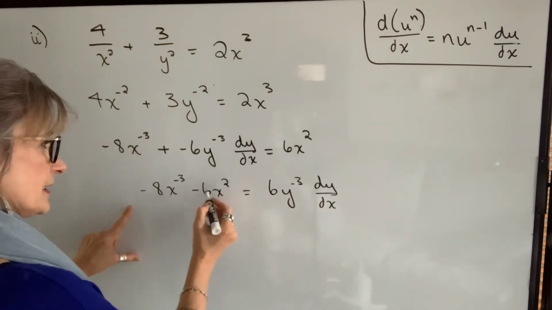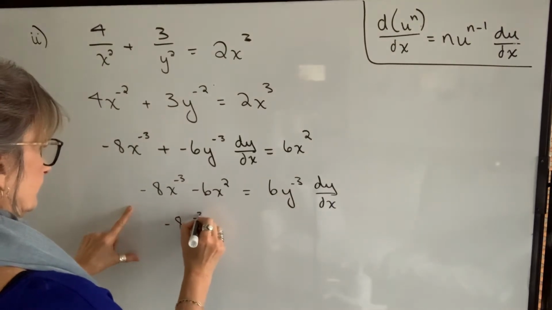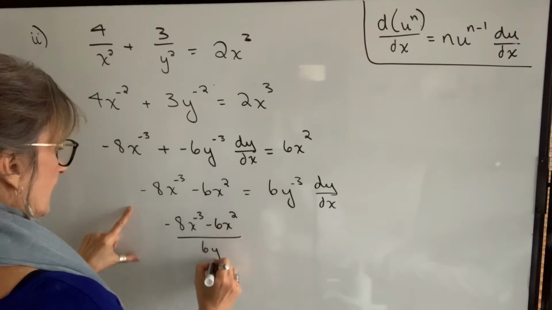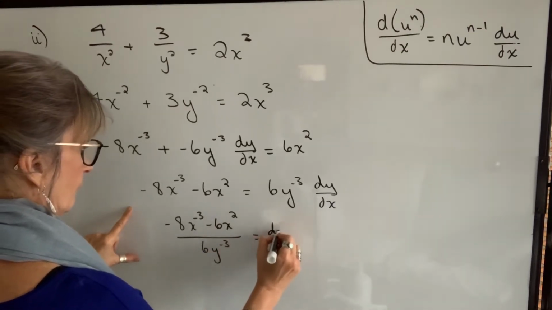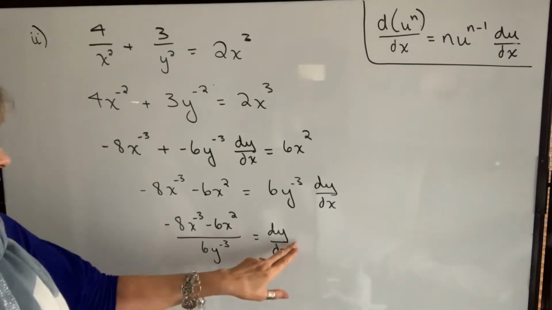Now I can isolate dy dx by dividing by this, y to the negative 3. Now I've isolated dy dx.